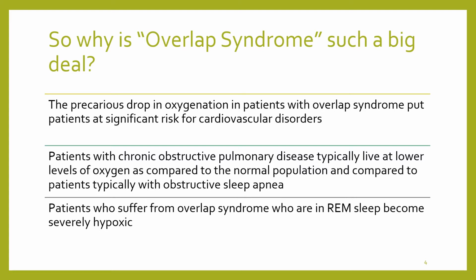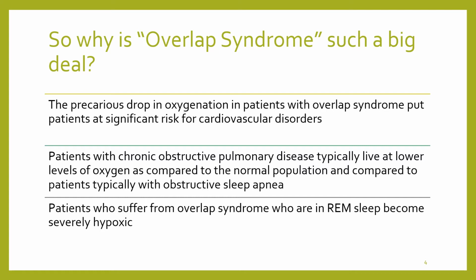And what that means is during the night, when you have a COPD patient who normally lives at lower levels of oxygen, and all of a sudden they become obstructed at night, they have a real precarious drop in their oxygenation status, which can increase the likelihood of cardiovascular disorders. A lot of these patients who suffer from overlap syndrome, who are in REM sleep, become severely hypoxic.